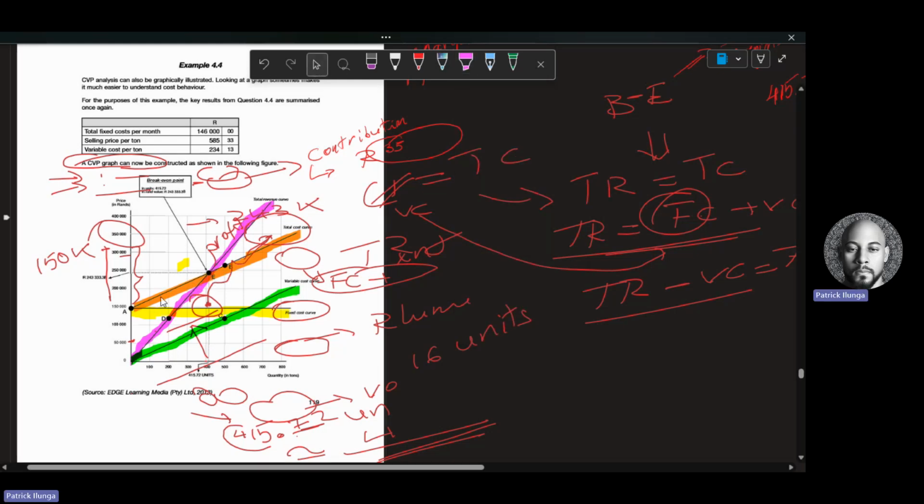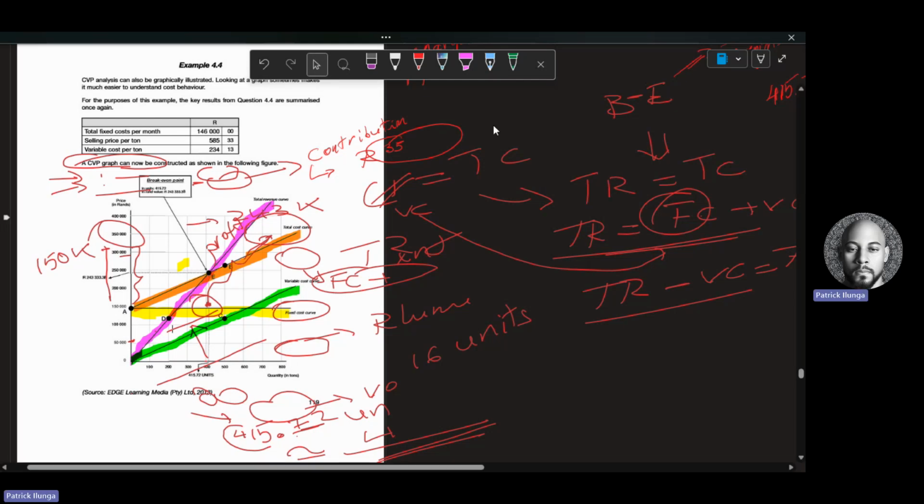The total cost and the total revenue, they meet somewhere. This E, do you see the E there? That's the break even, right? So when your total revenue equals your total cost, that's basically your break even.